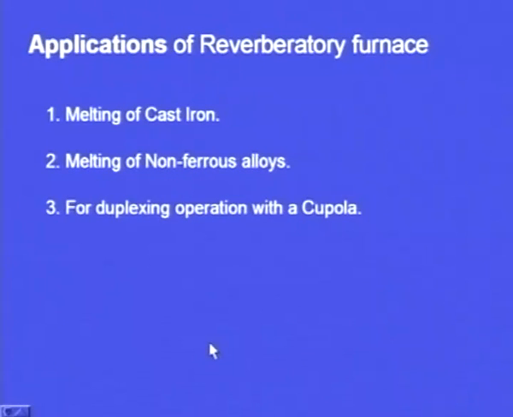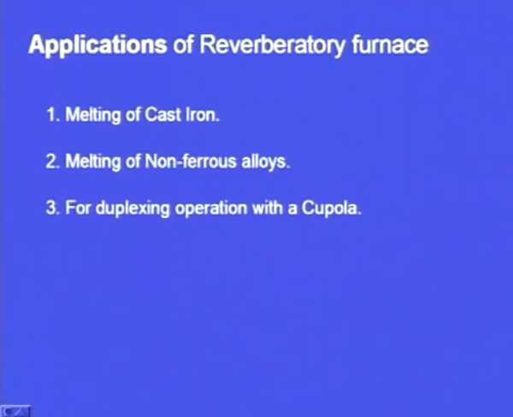Applications of reverberatory furnace. Melting of cast iron. For melting we use reverberatory furnace, not only for melting, even for superheating. Superheating is not possible in the case of the cupola furnace because oxidation takes place. So we tap the molten metal from the cupola and we feed it to the reverberatory furnace. Here we can increase the temperature, especially when we are casting thin sections.